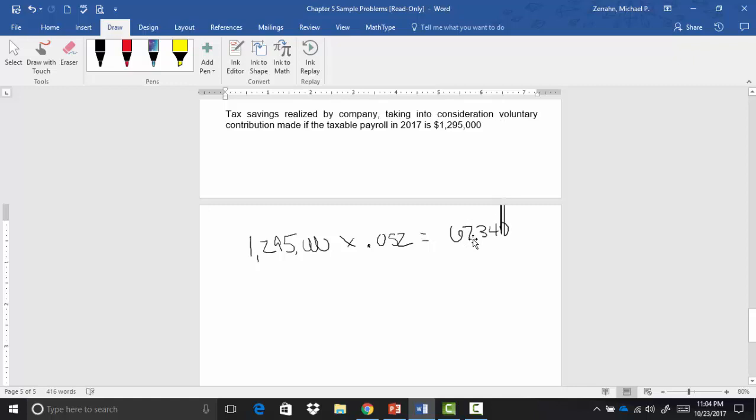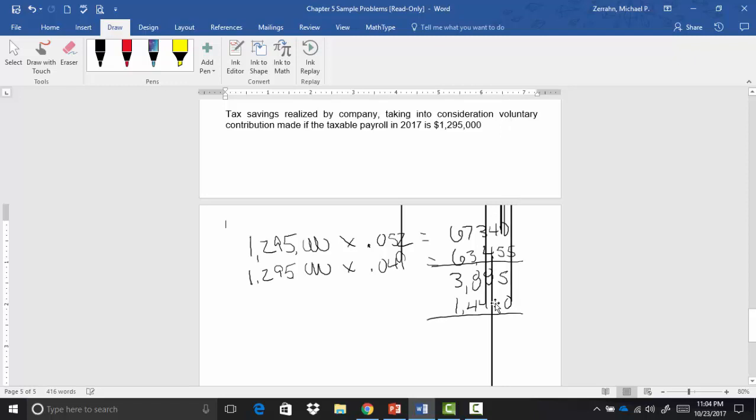If we made the additional voluntary contribution and we reduced it to 0.049 or 4.9%, we multiply it, that's $63,455. So the difference between the two is $3,885. We saw up above we needed an additional contribution of $1,440 to get to that amount. So $2,445 is the amount of savings we'll realize by making these voluntary contributions.